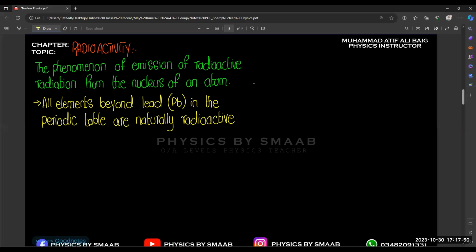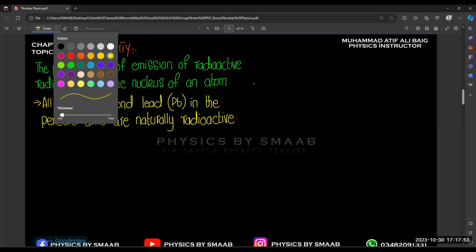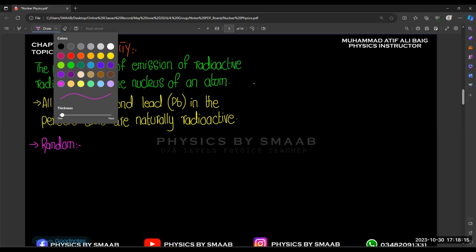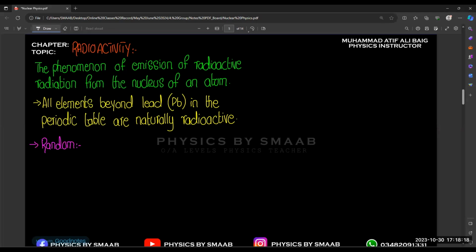And further, if we discuss one more important property, that important property is that the radioactive emission or the radioactive process is random. So basically, what is the meaning of random over here?